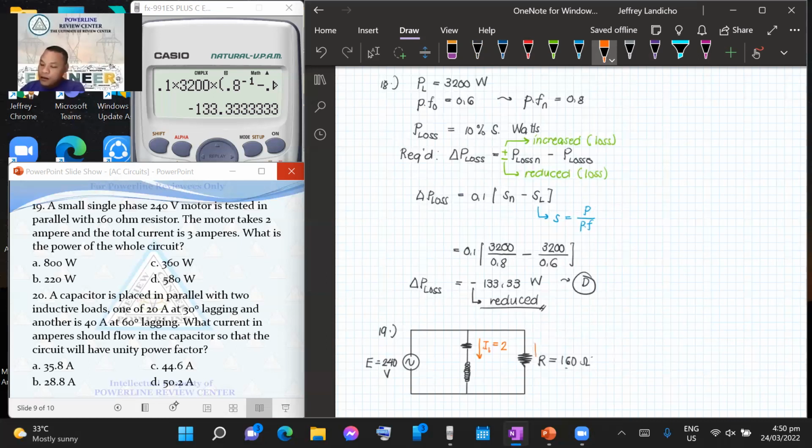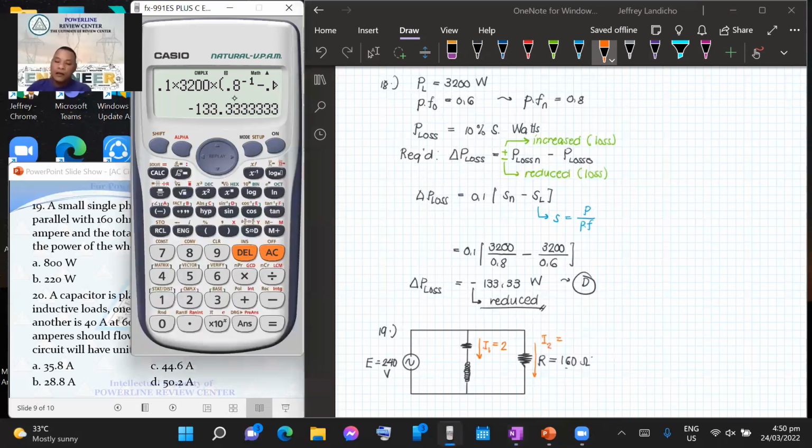Now, the current in the purely resistive branch that is considered I sub 2. So at this case, although hindi siya given, kuha natin kasi meron tayong voltage 240 over 160. So the current across the pure R 160 ohm, that is only 1.5 ampere. And we have already identified that the magnitude of the total current, that is only 3 ampere.